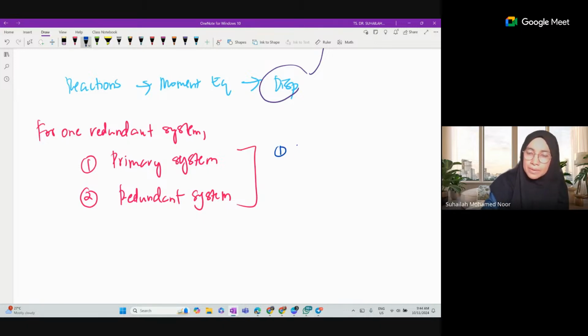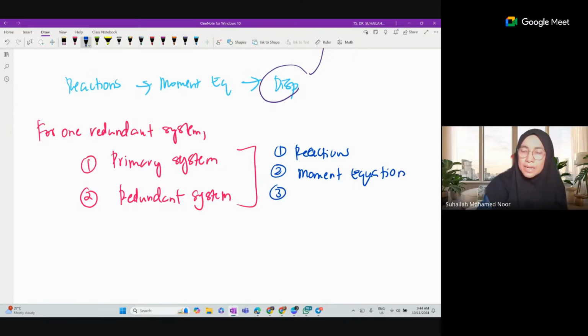Number one, calculate reaction. Number two, we write the moment equation. Number three, we calculate displacement for both the primary system and the redundant system.